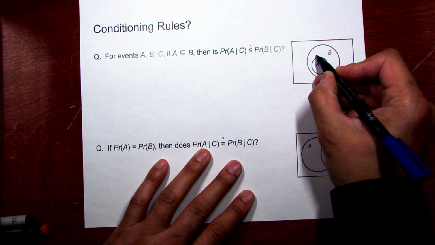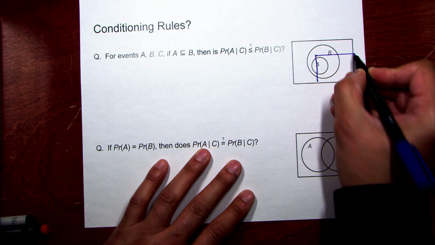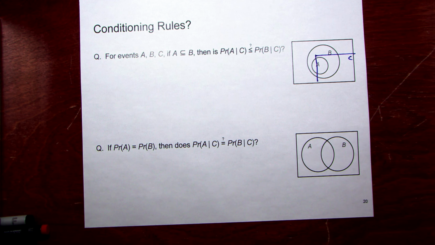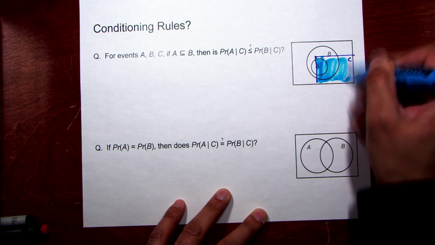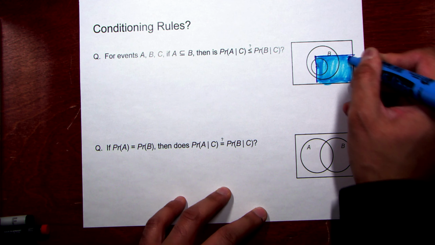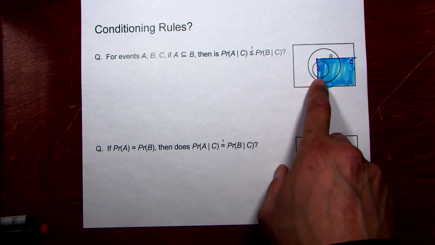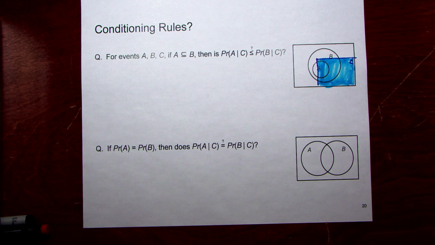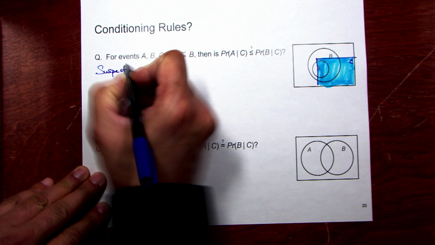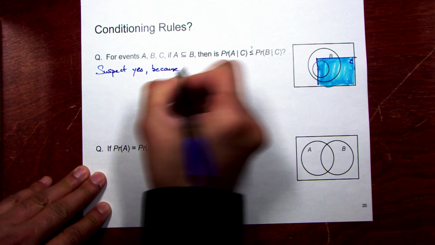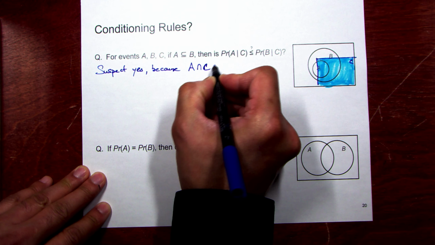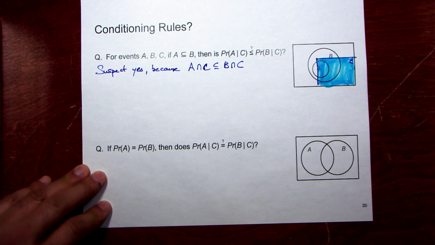Well, if we were to draw a C in this diagram, let's say this is C, and we did some shading, the probability of A given C is the stuff that overlaps. You can see that the overlap of A with C is contained within the overlap of B with C. So we suspect that this is true because A intersect C is a subset of B intersect C.